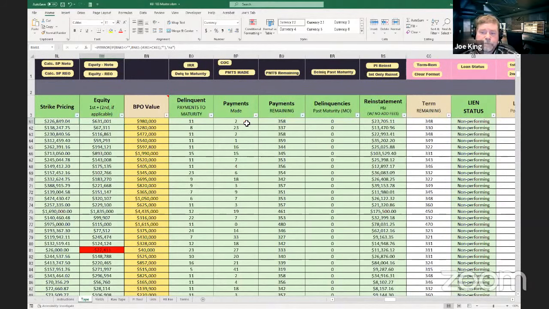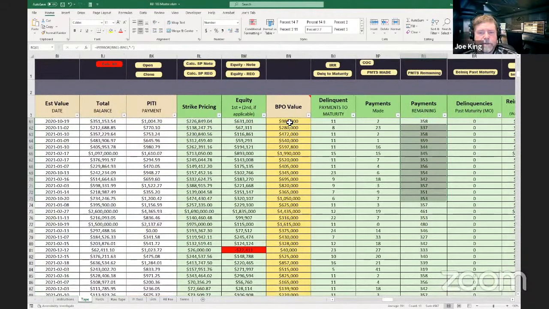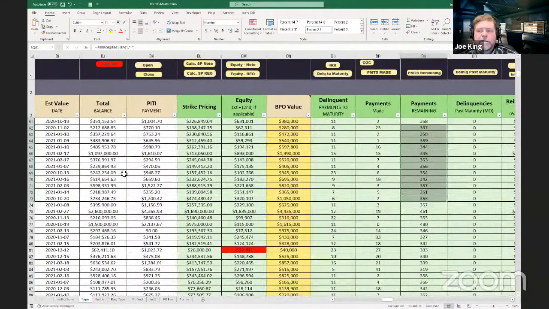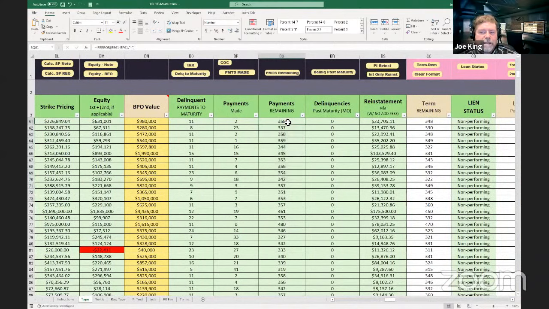Okay. Now, if they've only made 2 payments and they have 358 payments remaining, this column right here is important to us because this is what we're buying. We're buying these payments from the seller at the interest rate that they gave us, which in this case, if we look at that first one, is 6.25, and so forth. So that's something important to keep in mind.